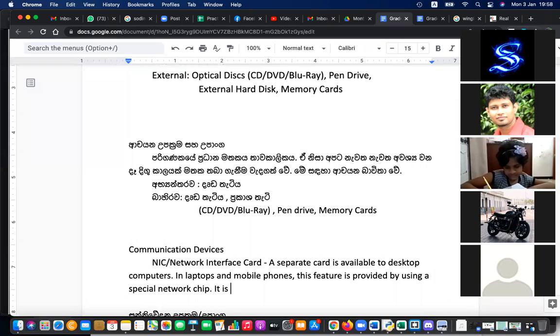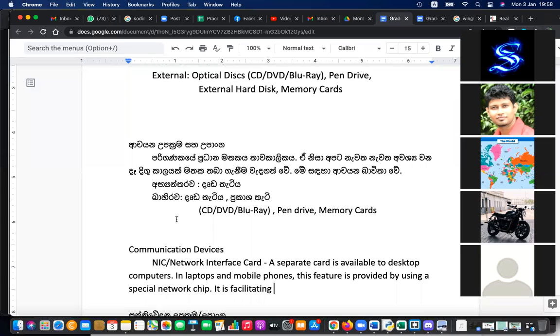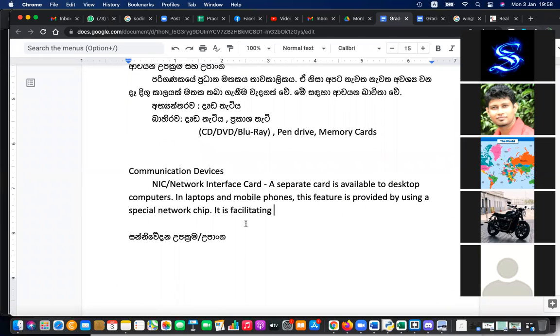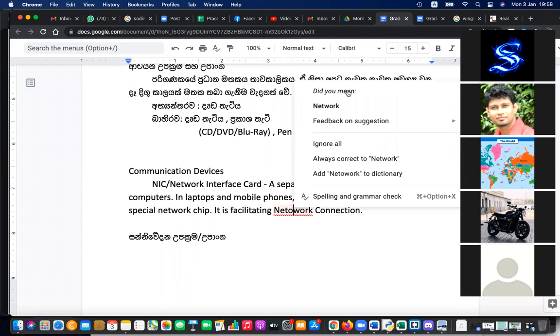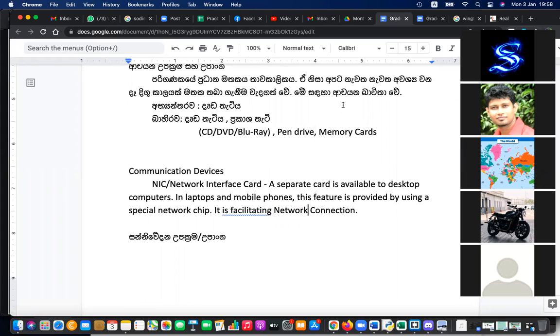It is facilitating network connection. Or it facilitates network connection.